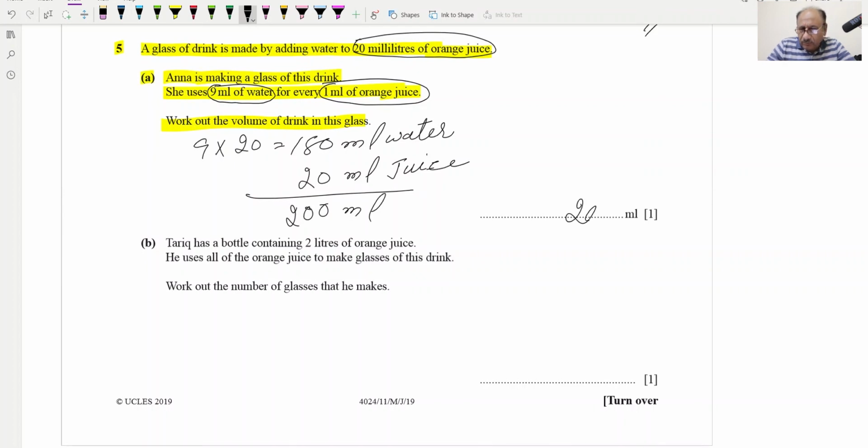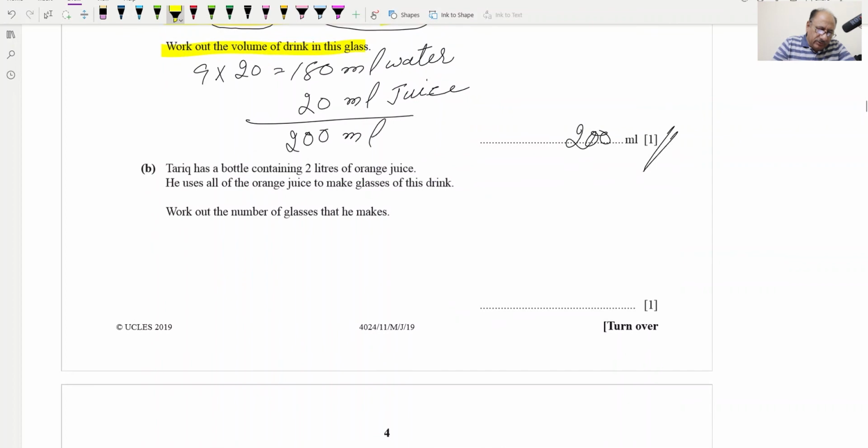So 200 milliliters will be our answer, a glass containing 200 milliliters of drink. B part: Tariq has a bottle containing 2 liters of orange juice. He uses all of the orange juice to make glasses of this drink. Work out the number of glasses that he can make.